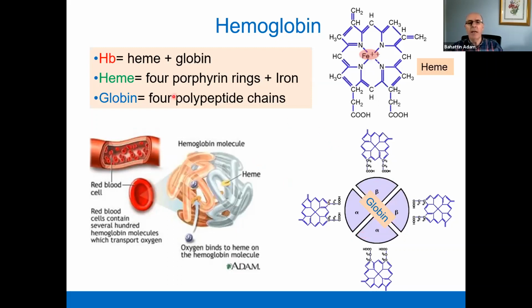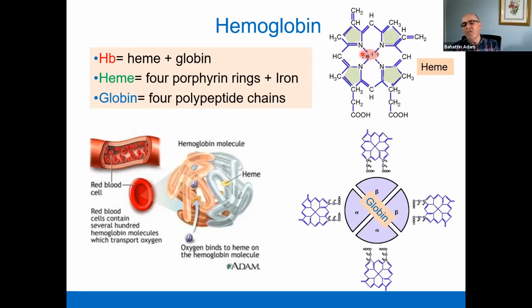Okay, now heme consists of 4 porphyrin rings and 1 iron molecule. And here you see 1 porphyrin, 2 porphyrin, 3 porphyrin, and 4 porphyrin rings.